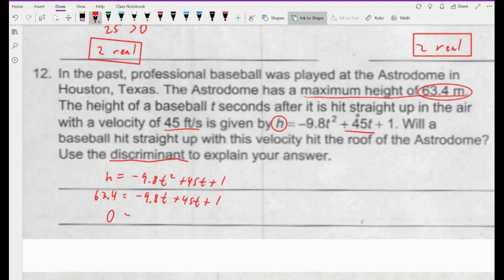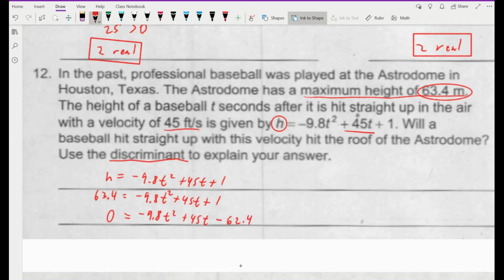Now we have to set it equal to 0, and we'll subtract the 63.4 from the right side. So we have negative 9.8t squared plus 45t minus, and what is it? We're going to do 1 minus this. And what is 1 minus 63.4? We'll get negative 62.4.